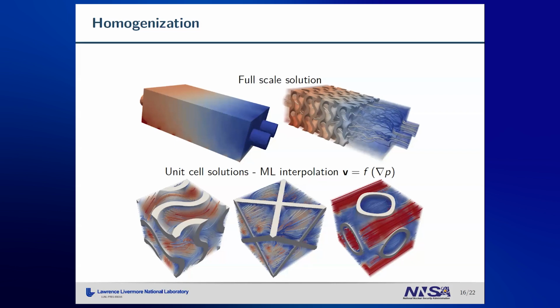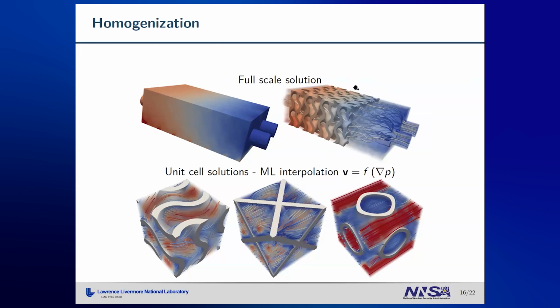However, in topology optimization, we need to do this process hundreds of times and sometimes thousands of times, and it's very expensive. For example, solving this problem here would take approximately 4 or 5 hours on 1,000 cores. And we cannot afford doing this for topology optimization.